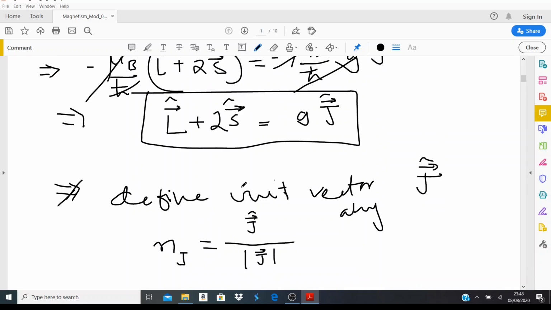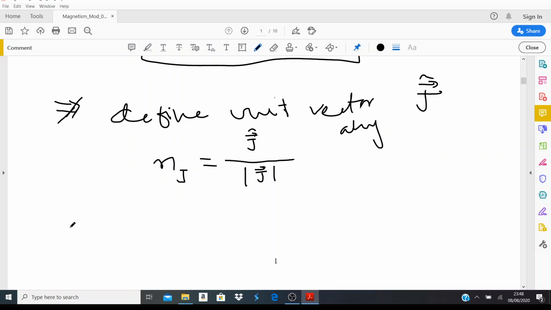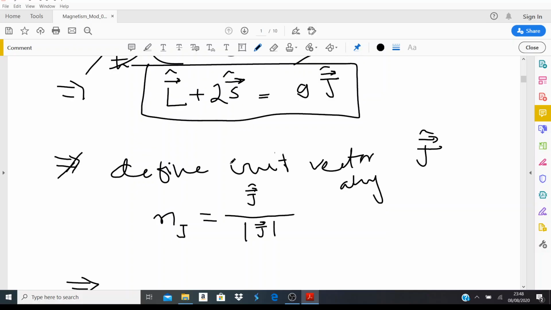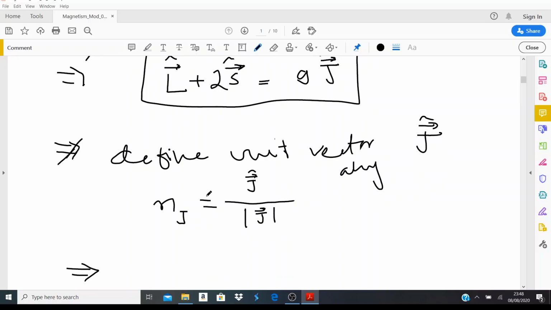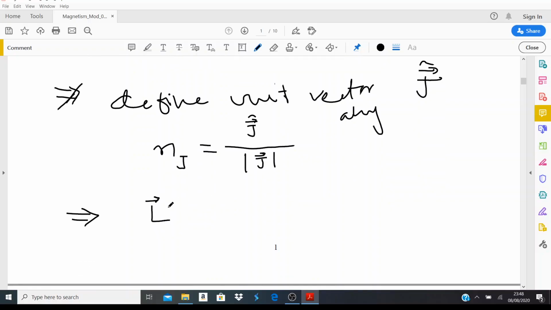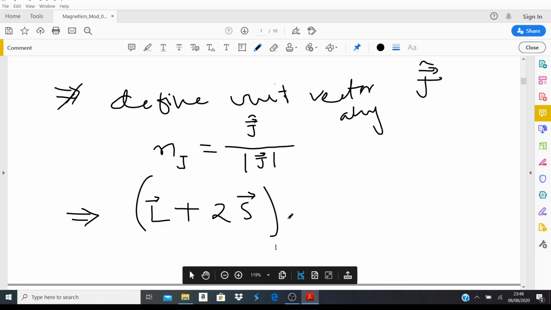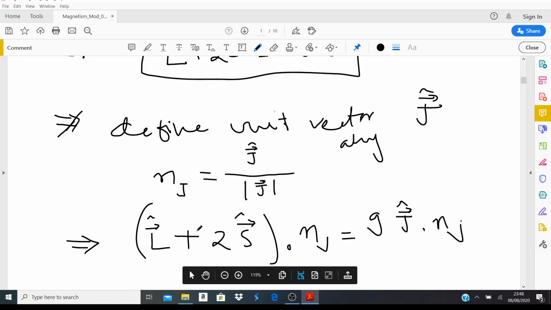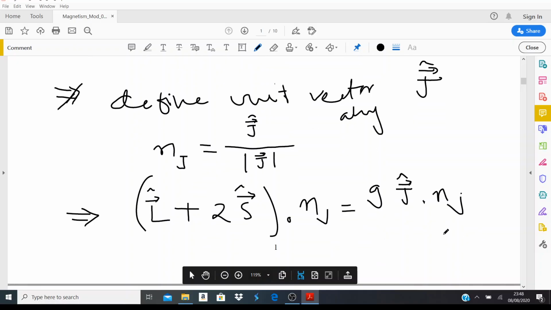If you remember from your vector algebra, if you take a dot product with a unit vector, it's just the component along that vector, right? So we want to perform this operation: L plus twice S dotted with the unit vector, and on the right hand side, g times J dotted with n J. On both sides we are taking the dot product with the unit vector along J.